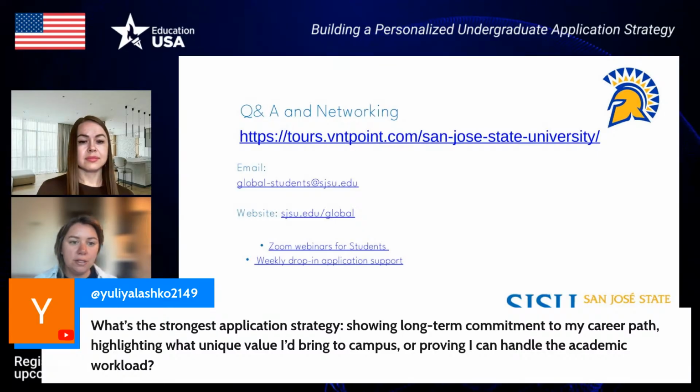The proof is in the courses that you have already taken. If you've been able to get good grades in high school, then we have more of an idea, or more of an assurance, that you can take on the workload. So having a good GPA shows us more than you telling us that you can handle the academic workload, if that makes sense. Yeah, definitely. Thank you so much.